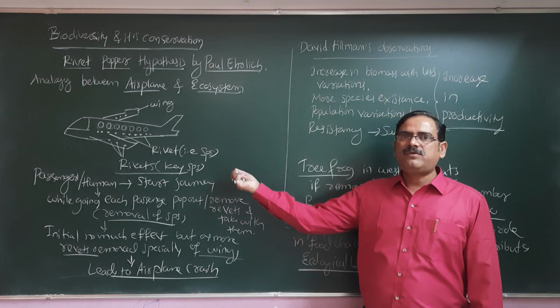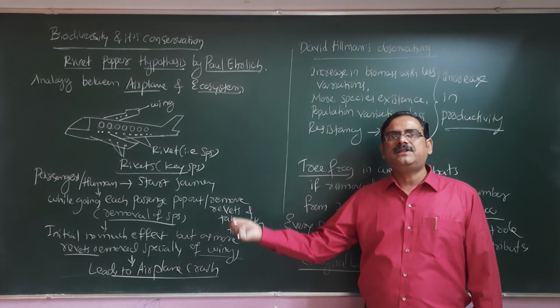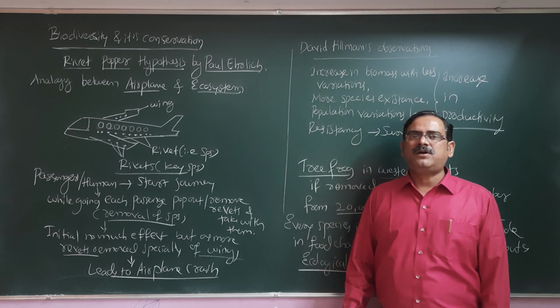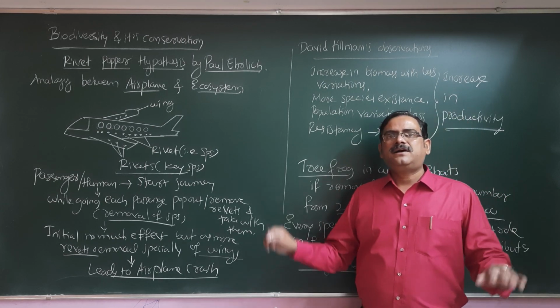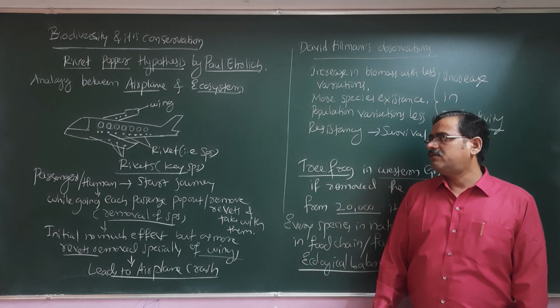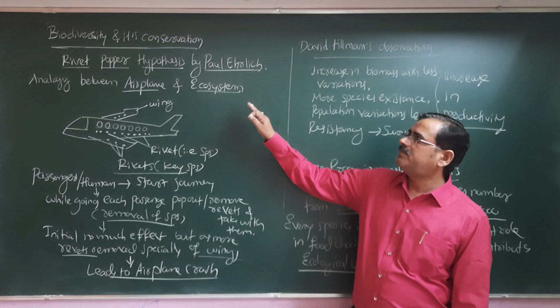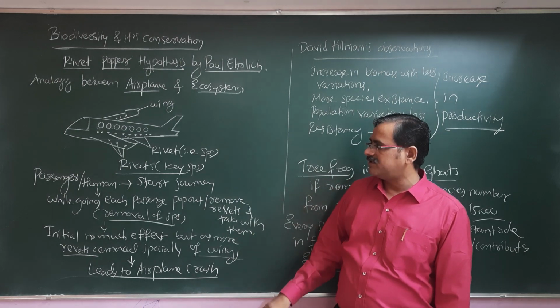Ultimately, in the beginning there is not much threat, but when too many species are removed from this aeroplane or ecosystem, an ecosystem crash or aeroplane crash will definitely happen, leading to the death of more and more species, including humans. If in this way we keep on damaging or removing species from nature, one day there will be no place for humans. The earth will become a planet without life. So this is the most important concept, the rivet popper hypothesis.